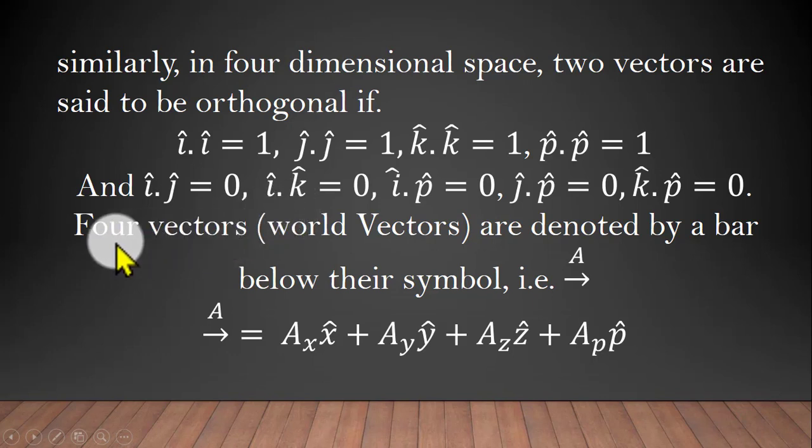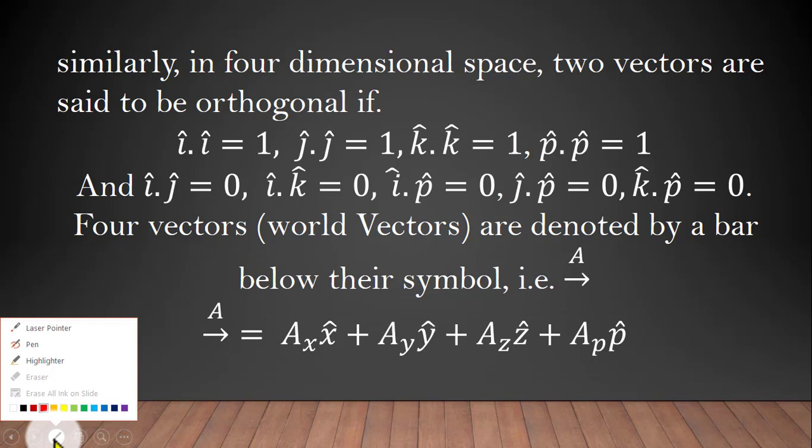A 4 vector or a world vector is represented either by a bar below its symbol or by an arrow below the symbol. Let me just put it this way.